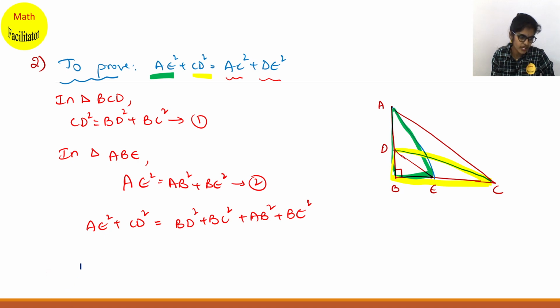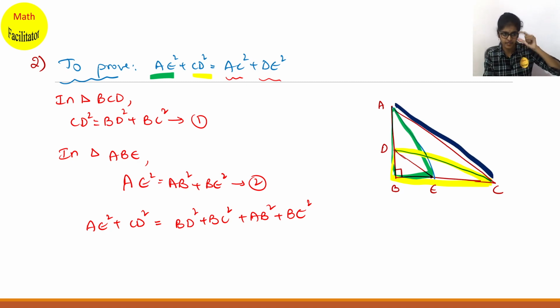See here, AC square is here. This is the hypotenuse of the bigger triangle. So in triangle ABC, AC is the hypotenuse. So AC square is equal to AB square plus BC square.